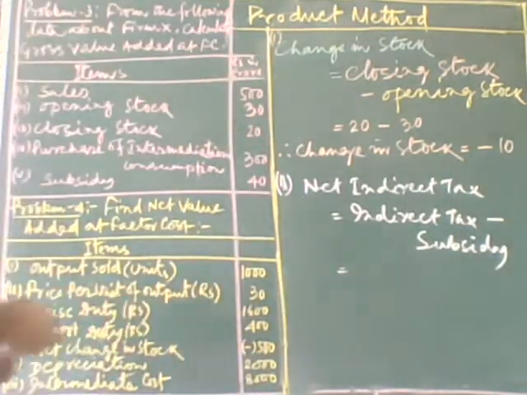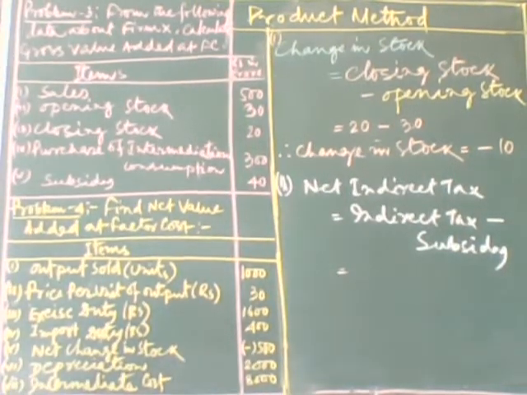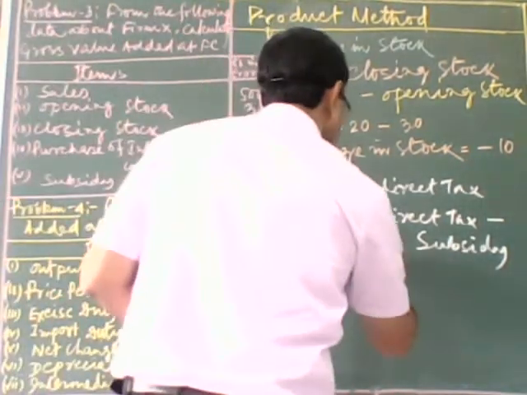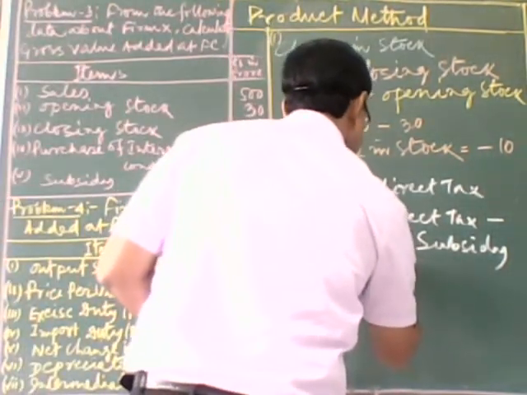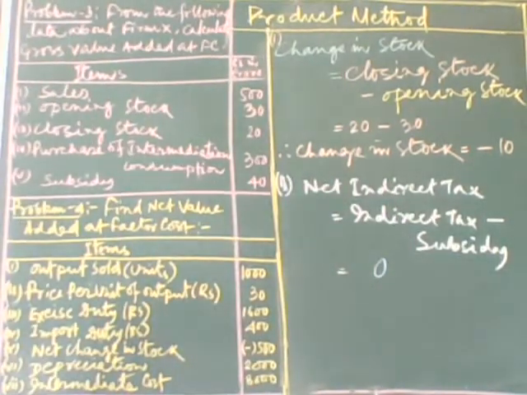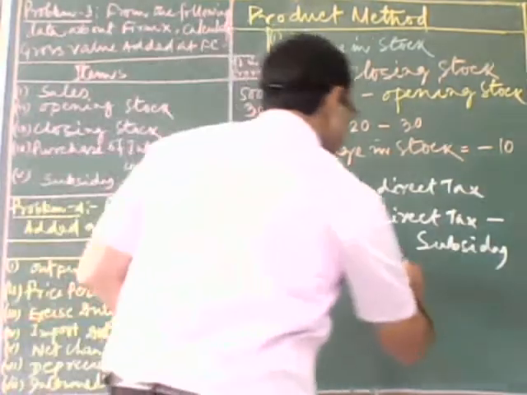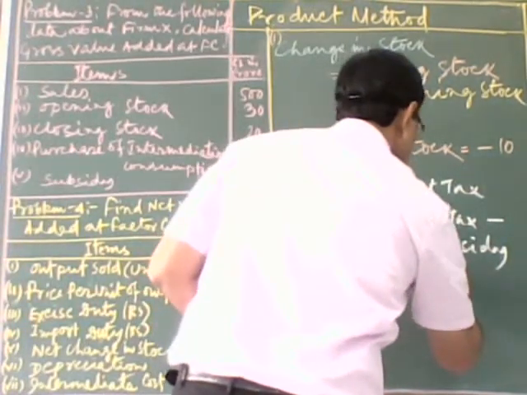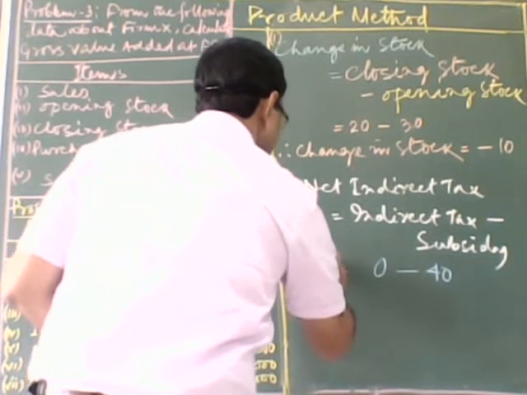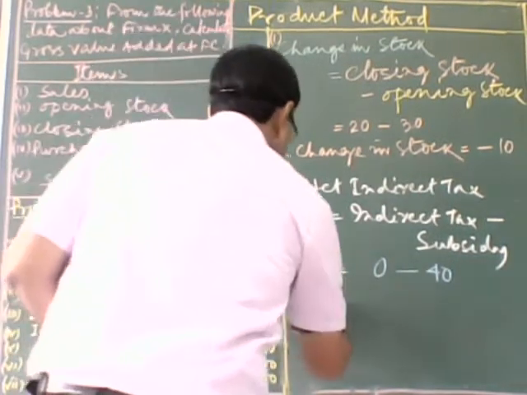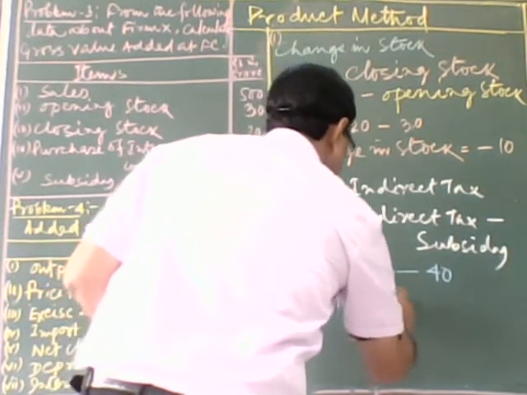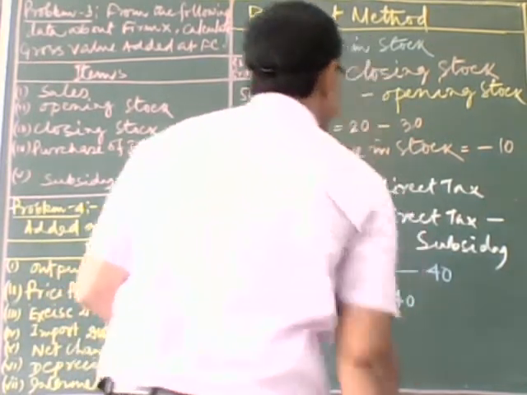Here indirect tax is not given, so you can consider this value is 0. Here subsidy is given, the value is only 40. You have to put the value 40. Therefore, NIT is equal to minus 40.